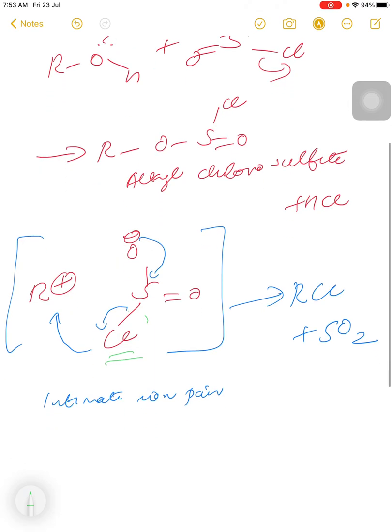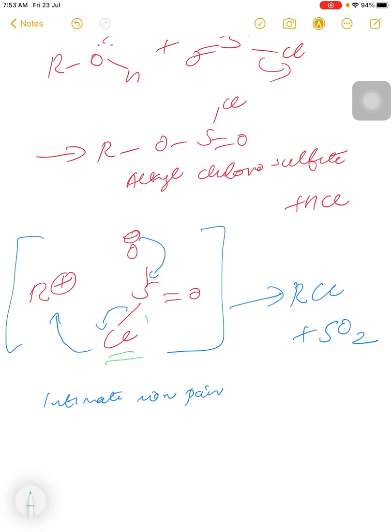That is, the Cl with a pair of electrons, the Cl minus, attacks the R plus, the carbocation, from the same side from which OSOCl has departed.